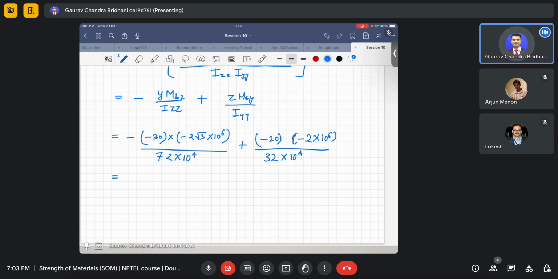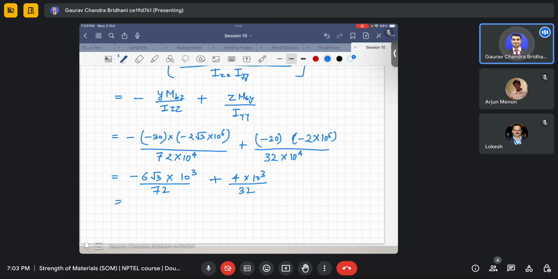so this will be finally negative, so it will be minus 6 root 3 into 10 to power 3 divided by 72 plus 4 into 10 to power 3 upon 32.